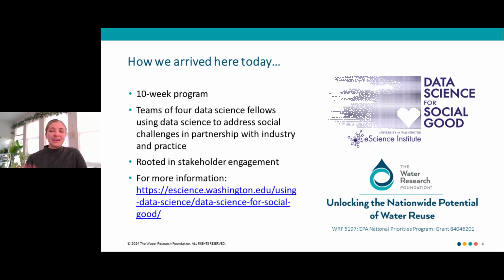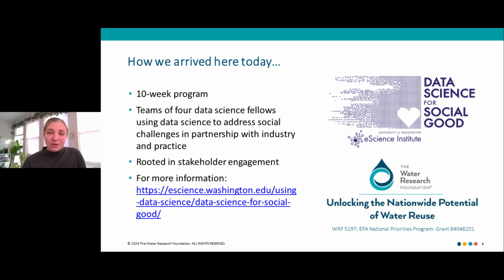We are here today because of a very unique collaboration that took place over the summer. Through one of our EPA-funded projects, Unlocking the Nationwide Potential for Water Reuse, we connected with the University of Washington's eScience Institute program called Data Science for Social Good.